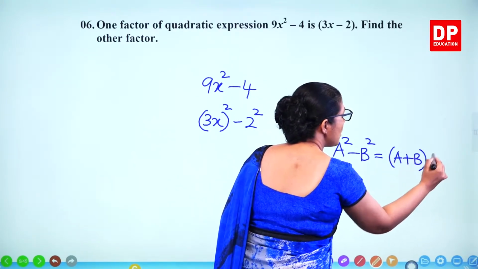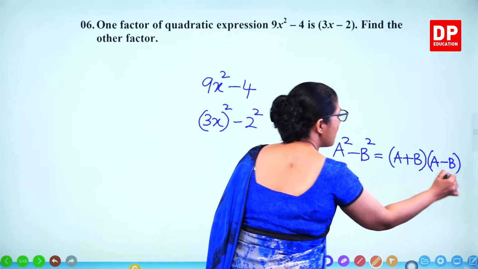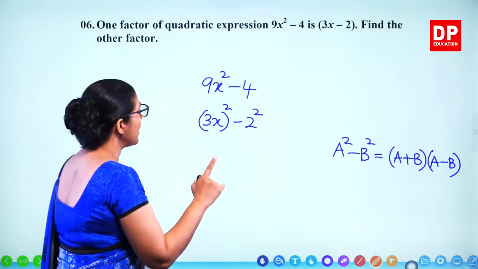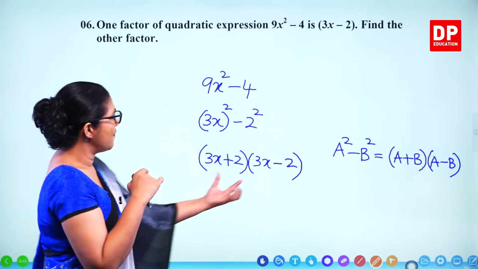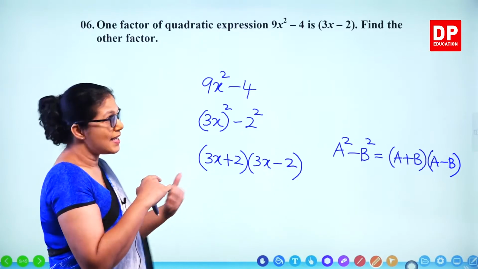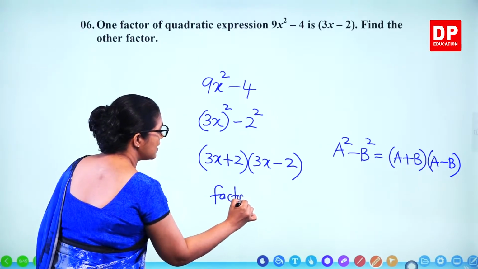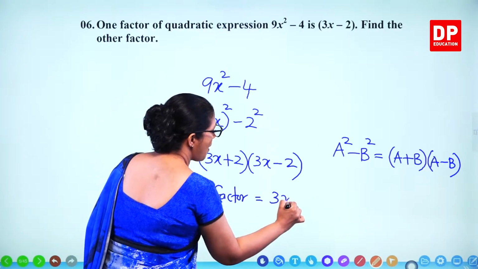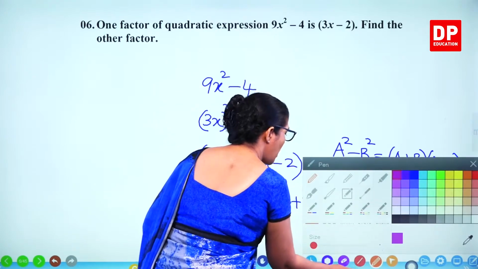You write one factor with positive, one factor with negative. So we can write 3x plus 2 and 3x minus 2. One factor is given, 3x minus 2. So what's the other factor? So the other factor is 3x plus 2. So you get 2 marks.